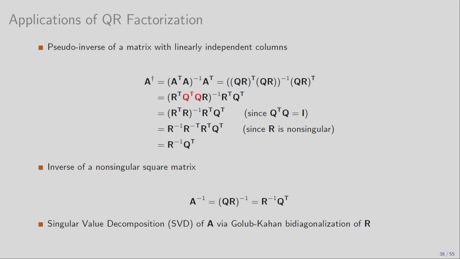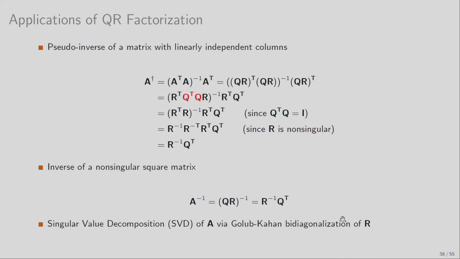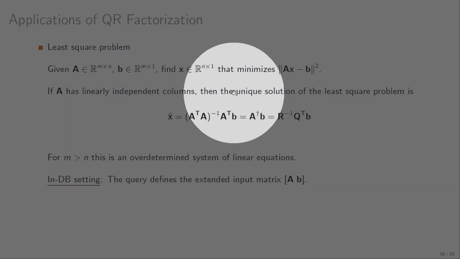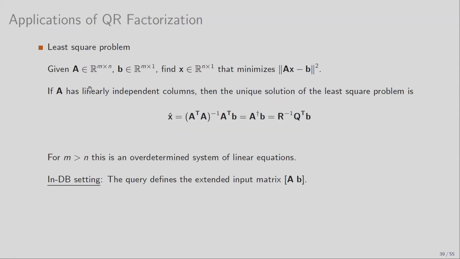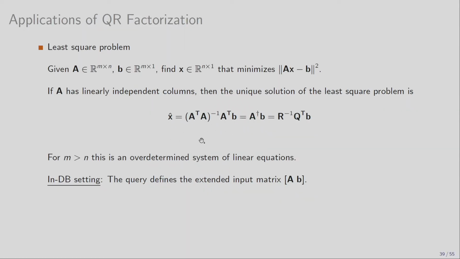There are standard approaches that do this that just require R, effectively, the cheaper component of QR. And in least squares problems, you may have A not square, but m by n, and in that case the system is overdetermined.